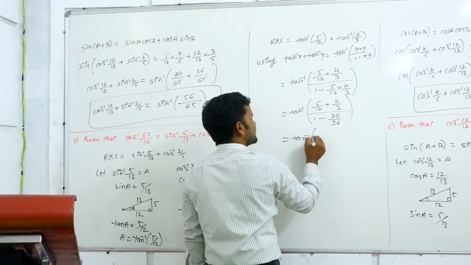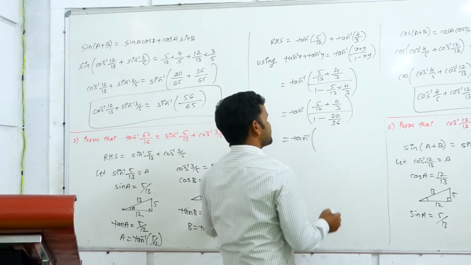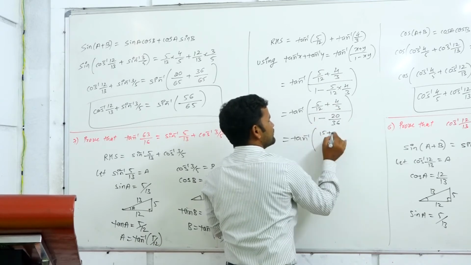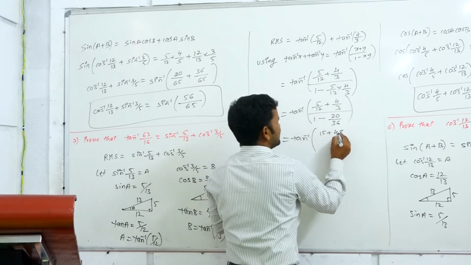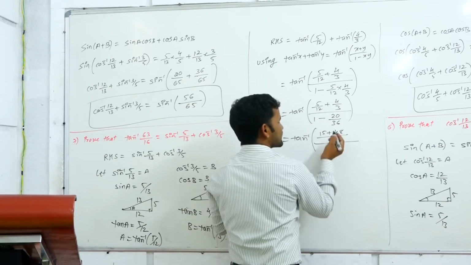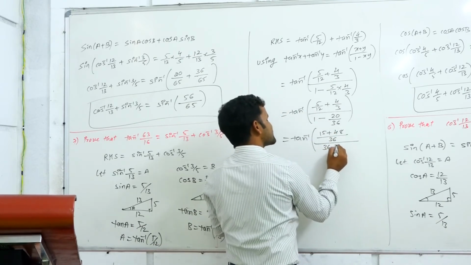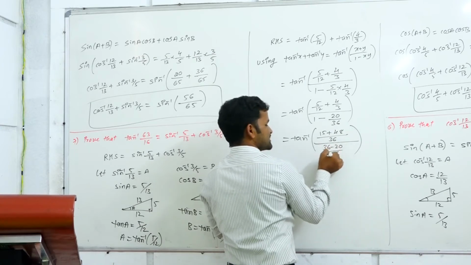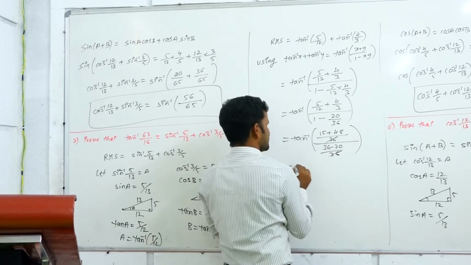Now simplifying, you cross multiply this: 5 into 3 is 15, plus 12 into 4 is 48, divided by 12 3s are 36. Cross multiplying, 36 minus 20 by 36. The 36s both get cancelled.